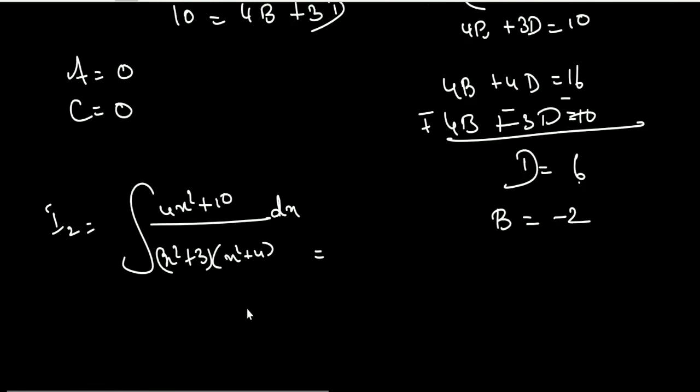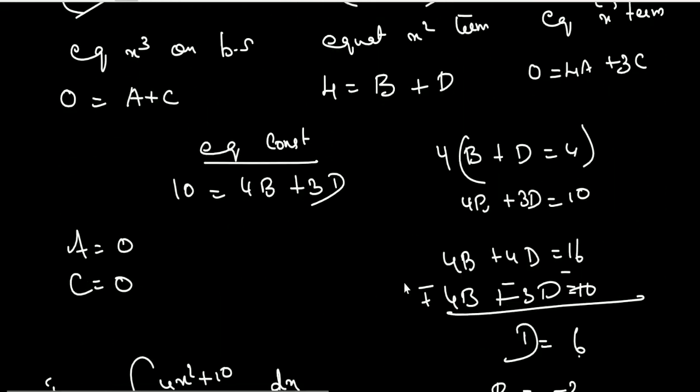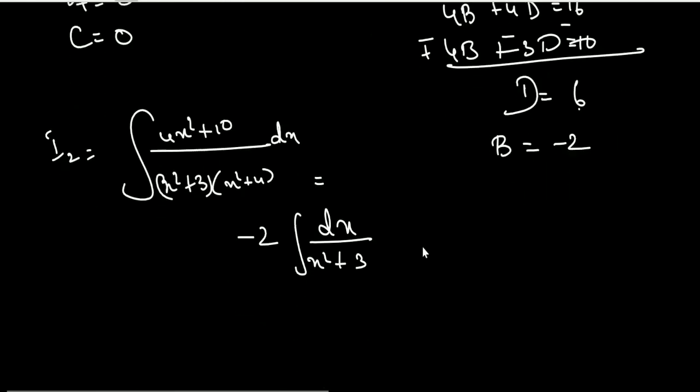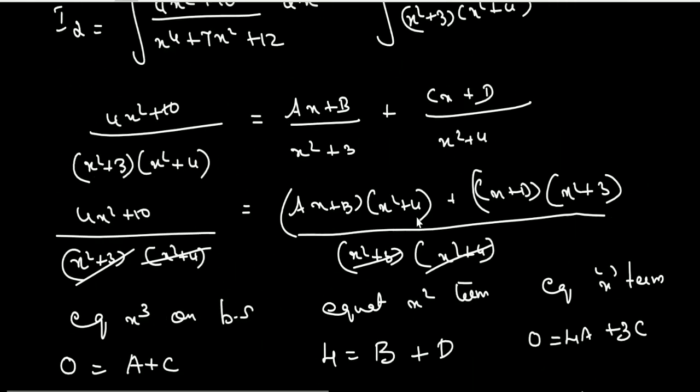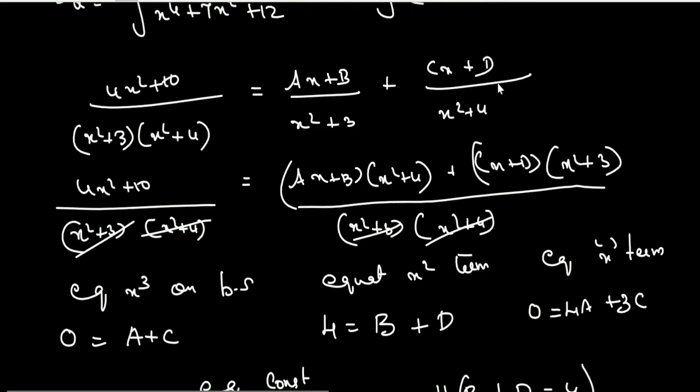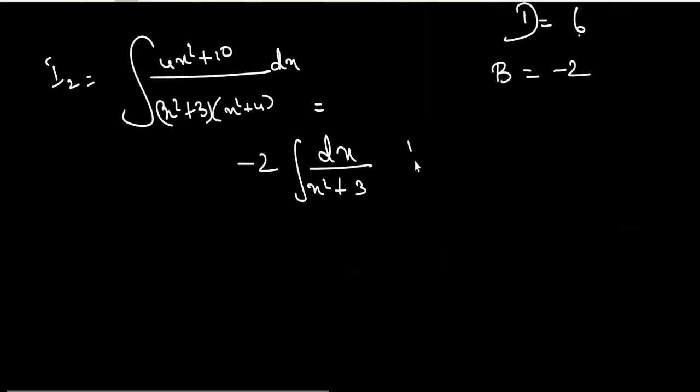So the integral is minus 2 dx by x² + 3. The second integral is (cx + d)/(x² + 4). Again c is 0, and d is 6. So 6 dx by x² + 4.